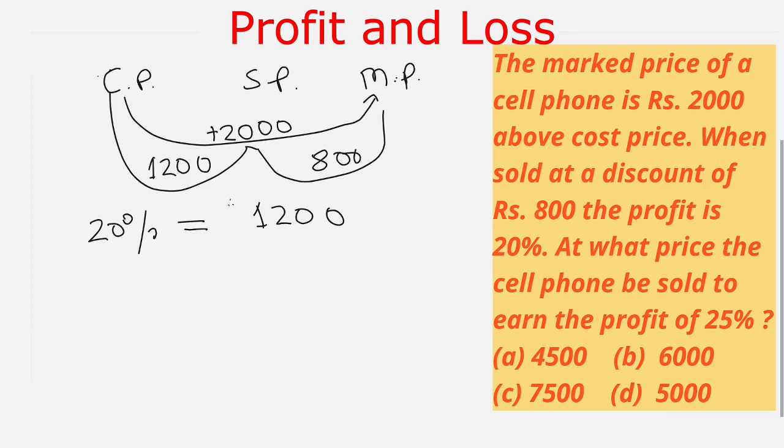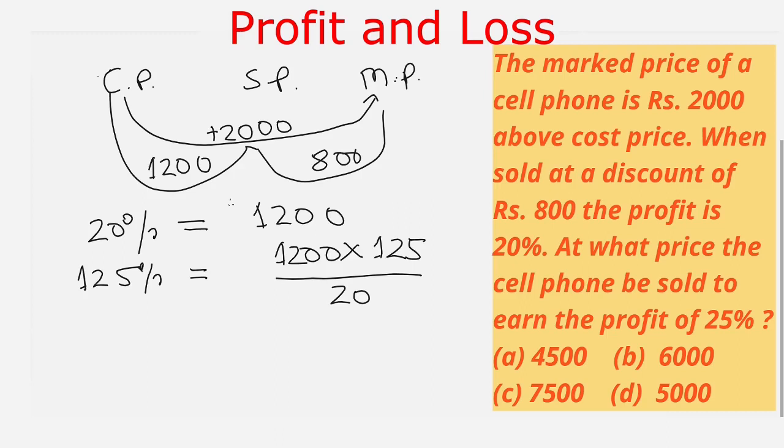Now we want 25% profit. It means that we have to sell it at 125%. So we can directly calculate 125% from 20%. 125% equals 1200 multiplied by 125 divided by 20, and 20 cancels 1200 for 60 times, and 6 times of 125 is 750.